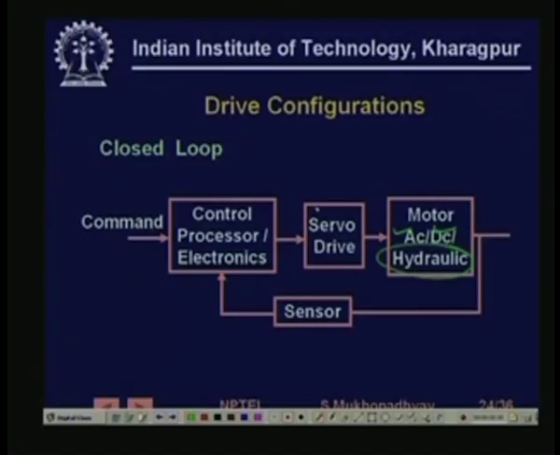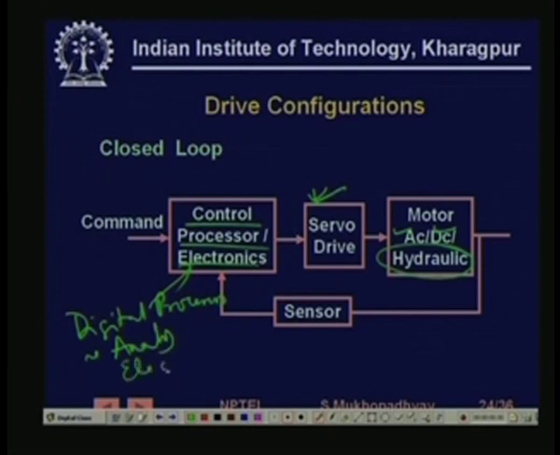And then we have the servo drive for the hydraulics, which is again controlled by various kinds of digital and analog electronics, digital processors and analog electronics. And finally we have the sensors which give the feedback. So these are the closed loop drive configurations which are typically implemented for these machines.